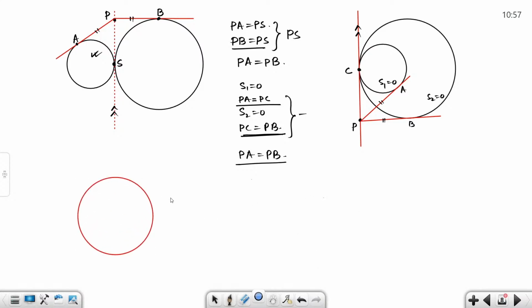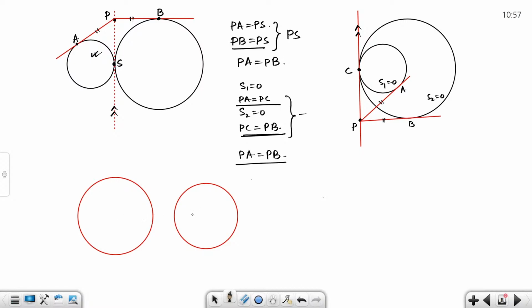Let me take two circles. You can take them anywhere. I am taking these two as, let us say, disjoint circles. Again, don't be confused with the position of the circles, they can be anywhere.